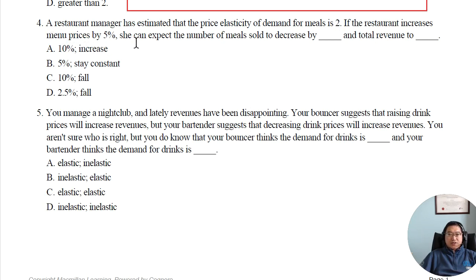A restaurant manager has estimated that the price elasticity of demand for meals is 2. So this manager knows the price elasticity of demand for his product is 2. If the restaurant increases meal price by 5%, she can expect the number of meals sold to decrease by how much, and the total revenue to do what?